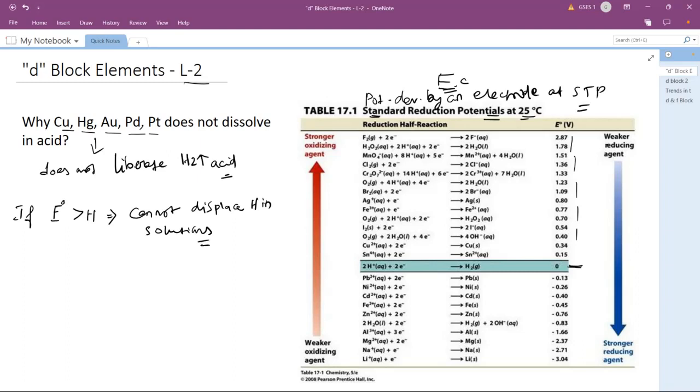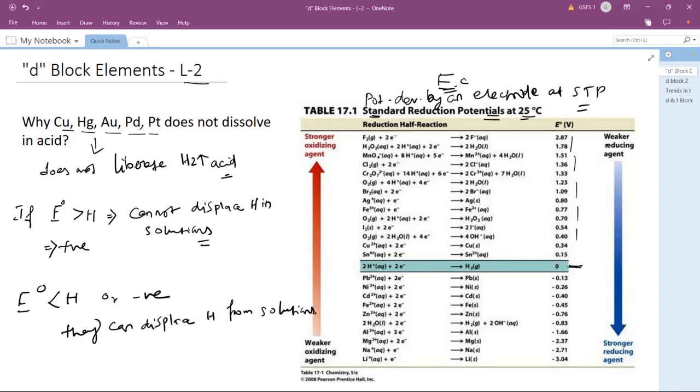That is, with a positive E naught value, they are not able to displace hydrogen. The opposite is also true: if the standard electrode potential is lesser than hydrogen, or negative, they can displace hydrogen from solutions, right?